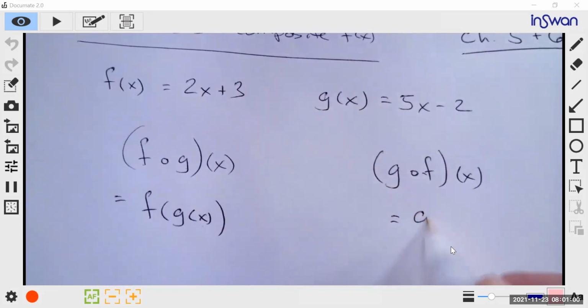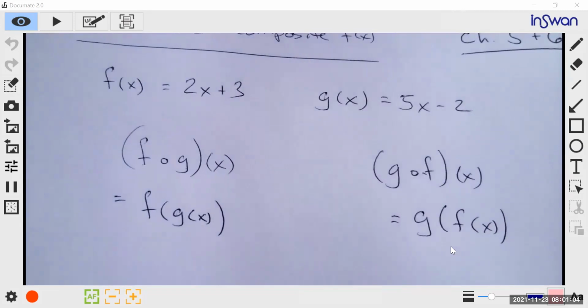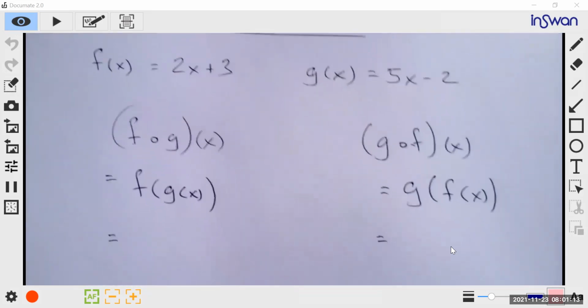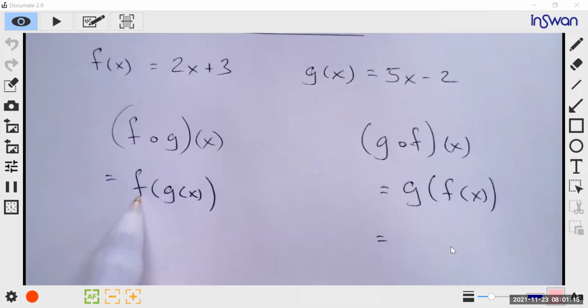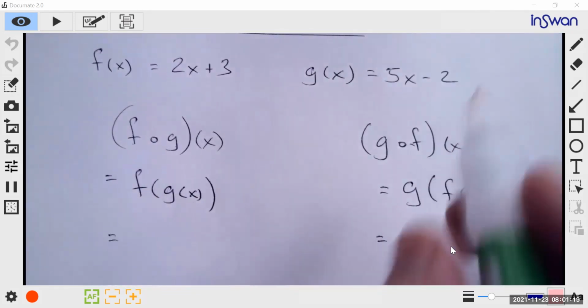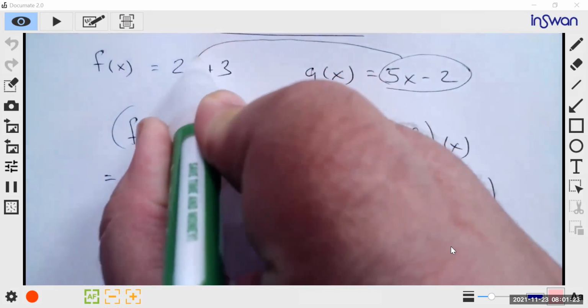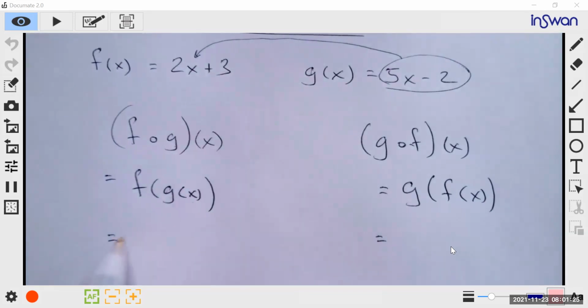The second one is g of f of x. What this means is the g of x goes inside the f of x. So this equation, anywhere I see an x in the first one, goes in. That's what this means.